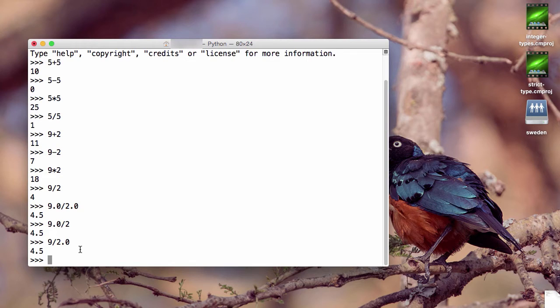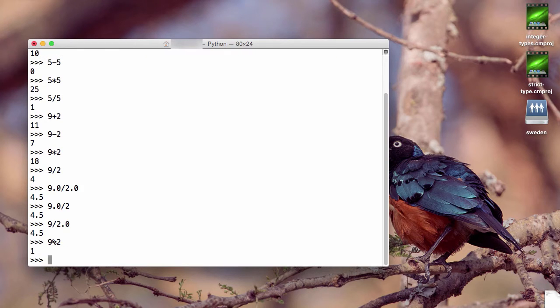Now, something else, not only do we have the plus, minus, multiplication, and division, we also have that thing, a percentage sign. And what does that do? So if we press enter, it gives us a 1. If we do 10 % sign 2, that gives us a 0. Strange.